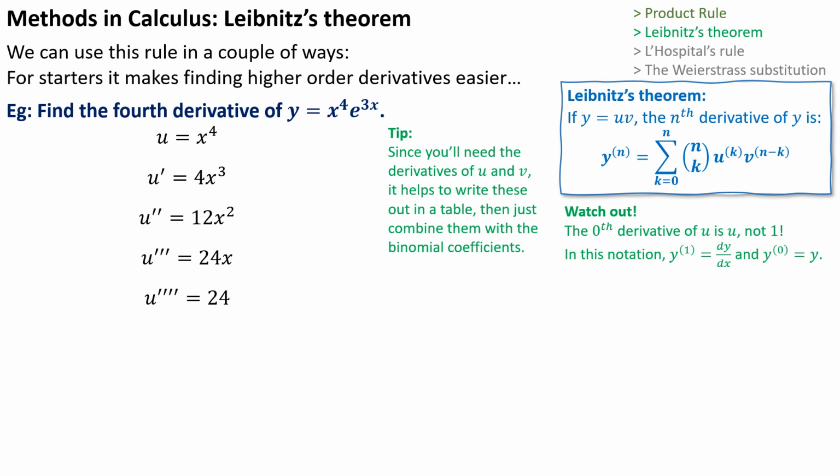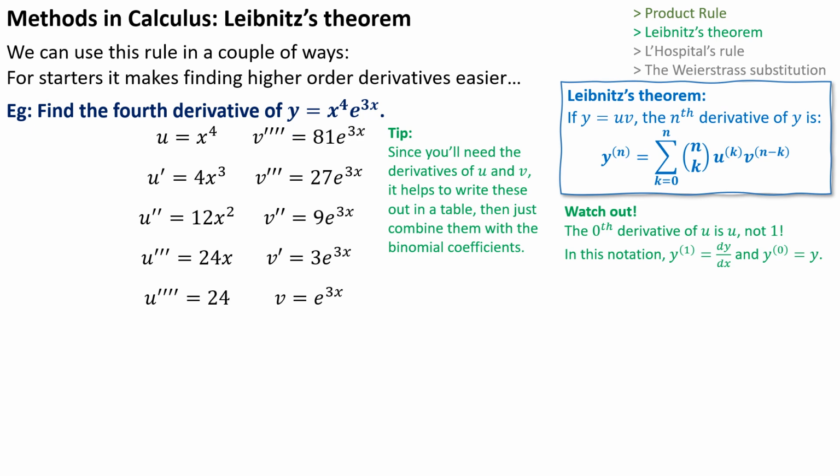And then for e^(3x), we can do the same, but because we want the derivatives to be ascending for u and descending for v, or vice versa, I'm actually going to start my list at the bottom. I'm still going to work my way through the derivatives. I'm not going to try to jump to the fourth derivative all in one go, but I'm going to go backwards up this list so that I can actually calculate my derivatives in a logical sequence.